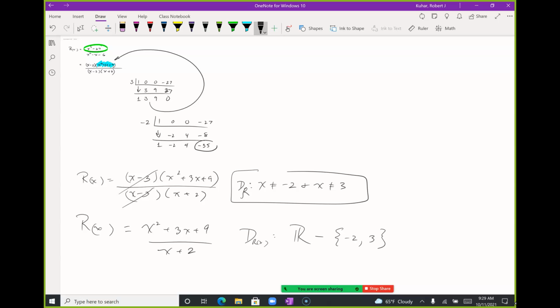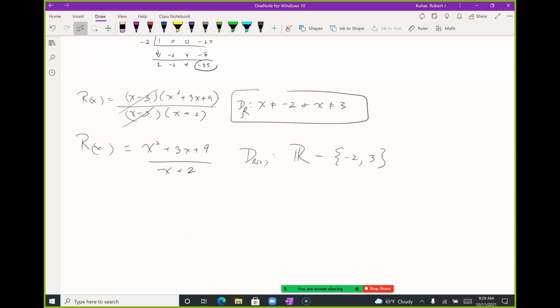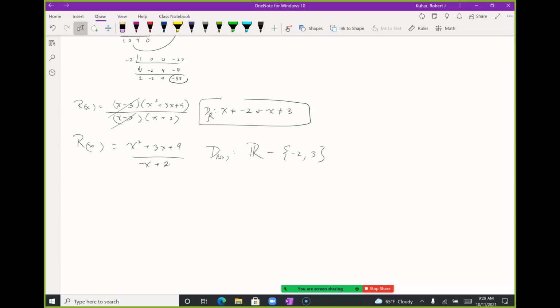Even though I canceled those two pieces that were trouble, I've got to make sure my domain stays the same. So now, vertical asymptotes are only when x equals -2. There is no horizontal asymptote. Does not exist. But there's an oblique, right?